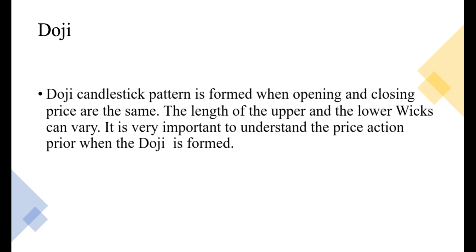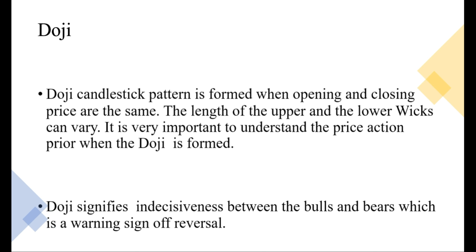Only then will you be able to decide upon the next move in the price or the market as such. What does a doji signify? Doji signifies indecisiveness. Basically, as the buyers and sellers are almost the same, you will have to wait and watch how the next candle formation turns out to know the trend reversal or how it is going to be.